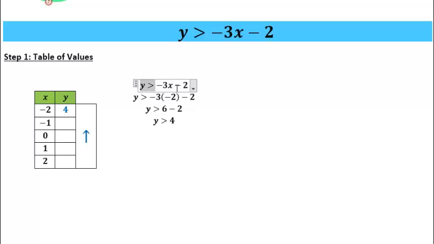Okay, you keep working the same way with the equation that you have for the exercise. Okay, so you copy again the equation, y greater than -3x -2, and you just continue with the next number. Okay, -3. Instead of the x, you're gonna use the next number, which is -1. So -1 -2.